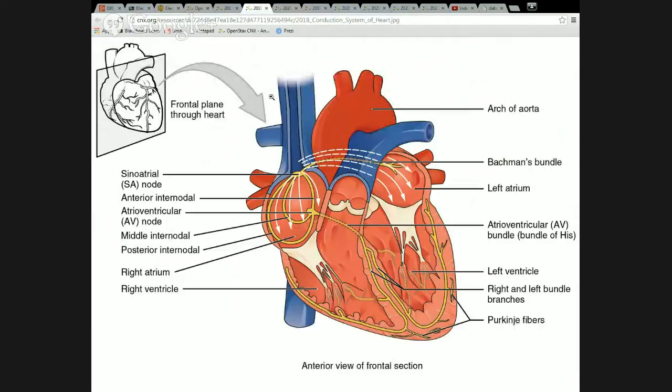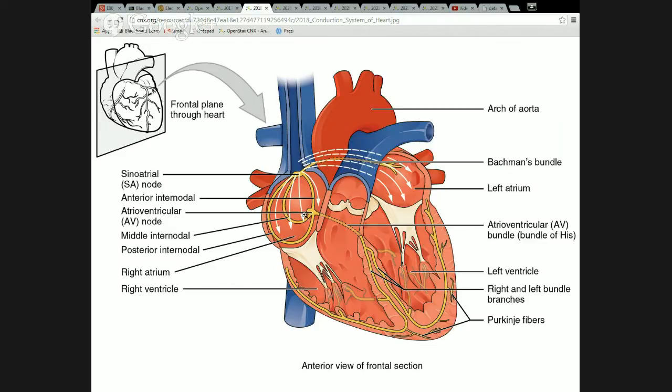But really what's wrong is this part of the heart is not communicating with this part of the heart. Could very well be that this part of the heart is not functioning at all, and this part of the heart is driving everything. It's enough to get by, but really not enough to live a normal life. And so there's something that should be seen there. That's often referred to as junctional rhythm because the AV node is at the junction between the atrium and the ventricles, and it's basically setting the pace.